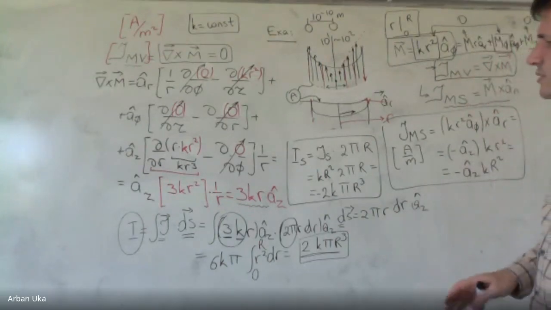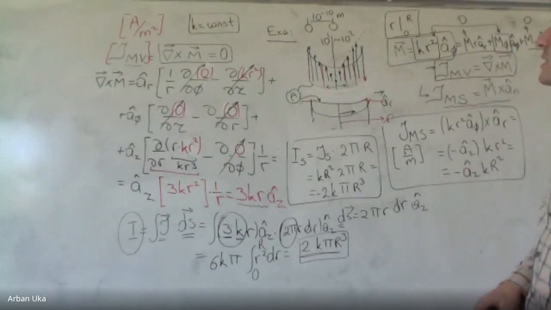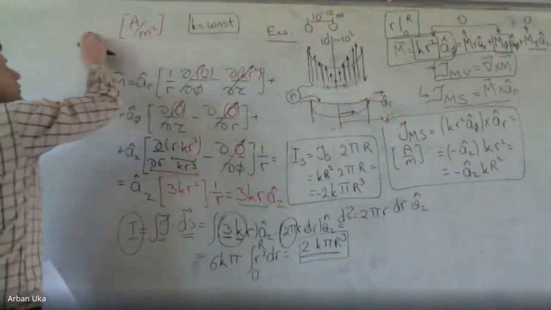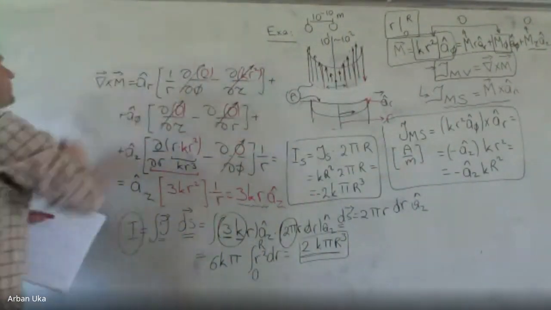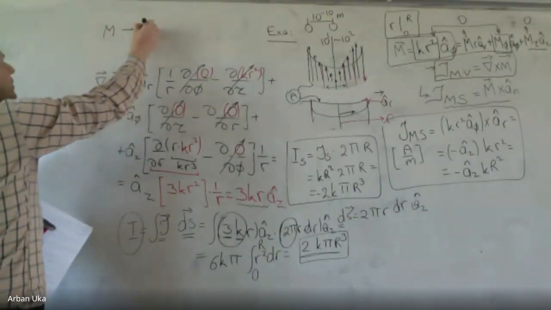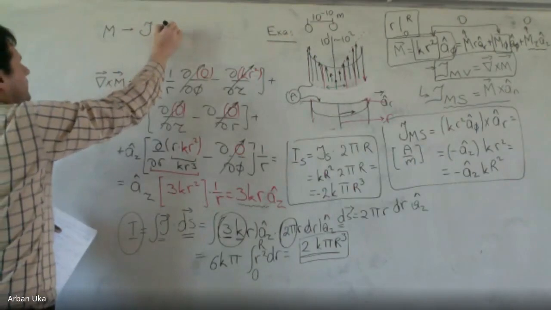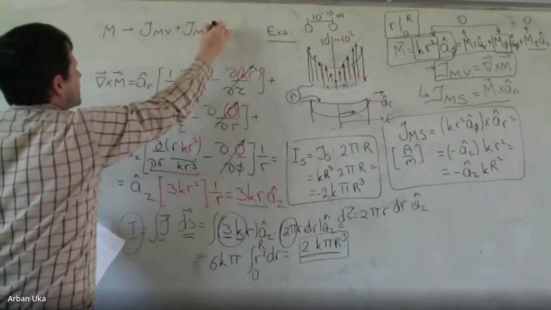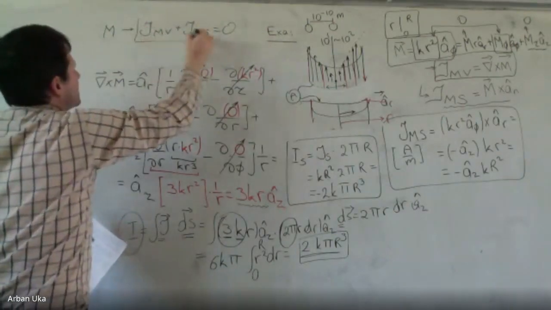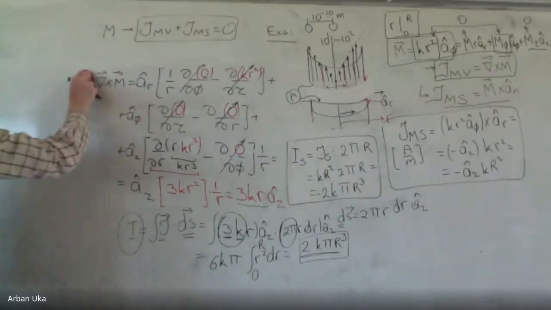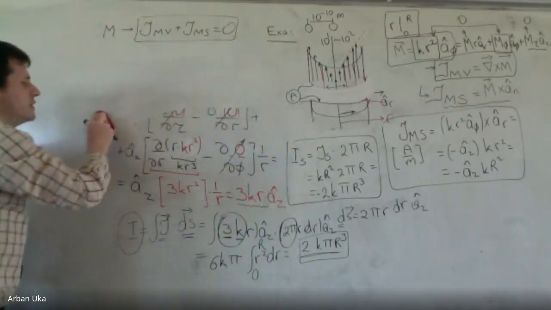So, okay, good. So far, what we did was that we had the M. We found the current density on the volume. We found also the current density on the surface. And we figured out that this is 0. Now, probably we may not need this one anymore, so I'm taking this away.